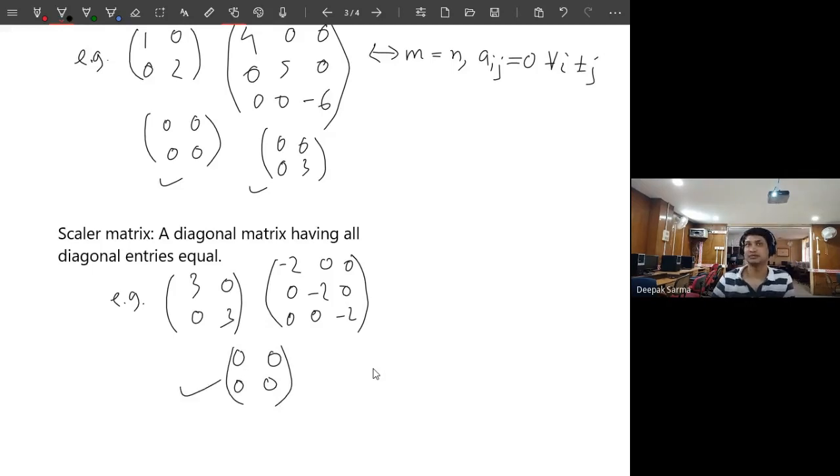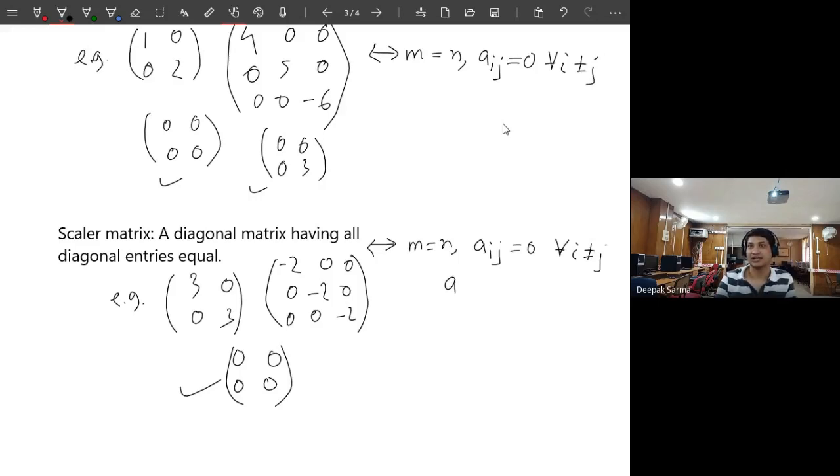Fine? Okay. Now again, let us try to understand in terms of symbols. Because it is a diagonal matrix, the condition of a diagonal matrix will be satisfied. So m is equal to n. Then aij will be equal to 0 for all i not equal to j. That will happen because it is also a diagonal matrix. But there is one more restriction. What is that?